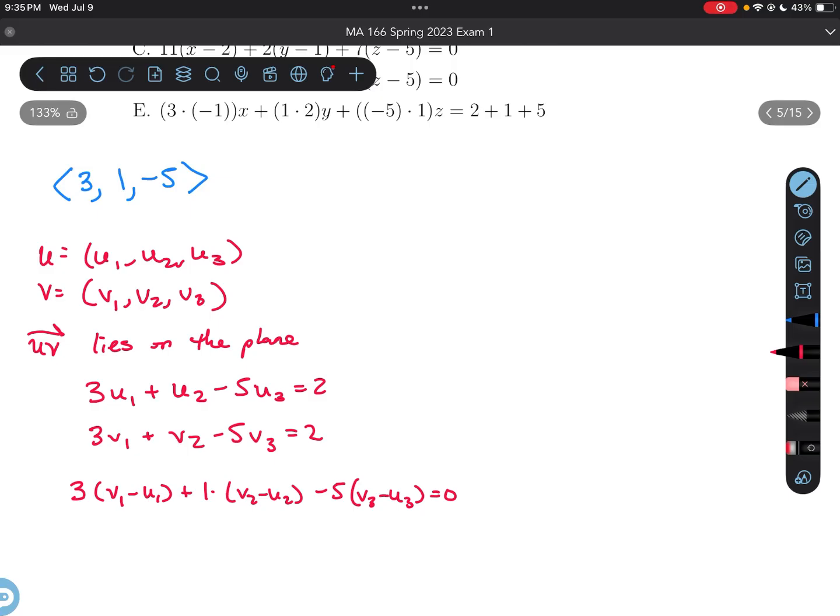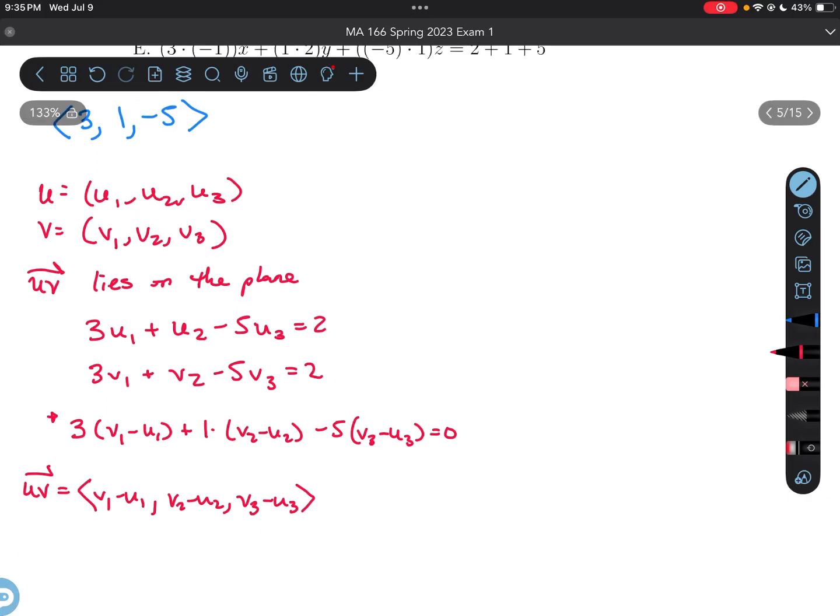It's worth mentioning that the vector UV is equal to (V1 minus U1, V2 minus U2, V3 minus U3). And so essentially this equation is equal to the dot product of the vector (3, 1, -5) with UV.